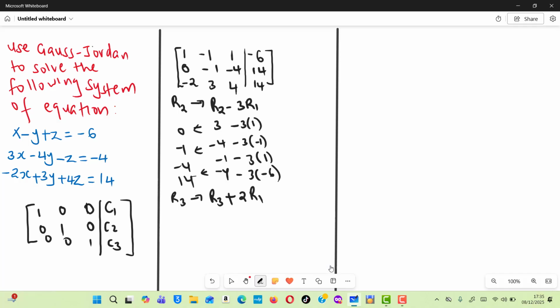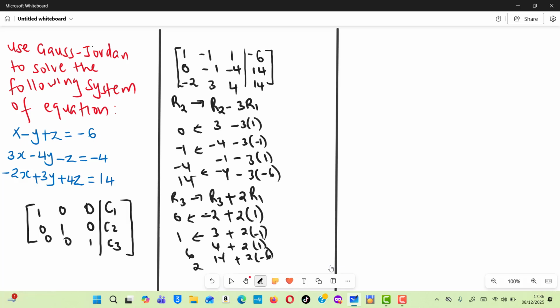So our row 3 is -2, 3, 4 and 14. We add 2 times row 1, which is 1, -1, 1, -6. So -2 plus 2 gives us 0. Then 3 plus 2 times -1, that is 3 plus -2, which is 1. Then 4 plus 2 is 6, and then here we're going to have 2.